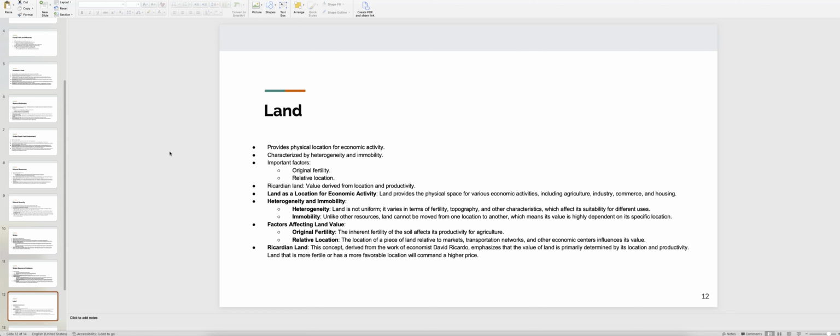But then we could also talk about it when it comes to agriculture. We could look at the value of that land in terms of its natural resources and the ability of that land to produce agriculture.